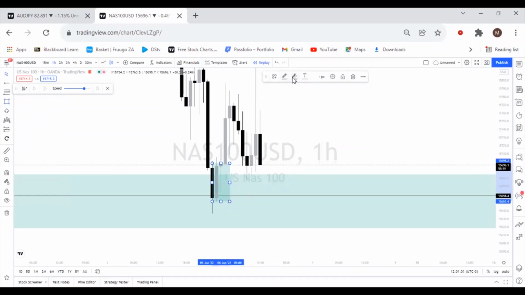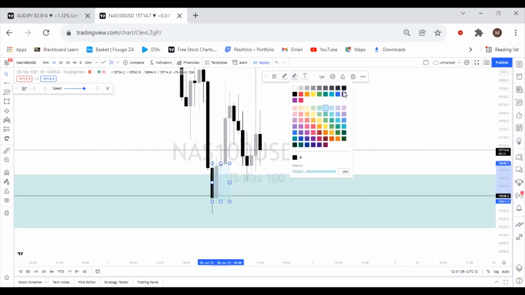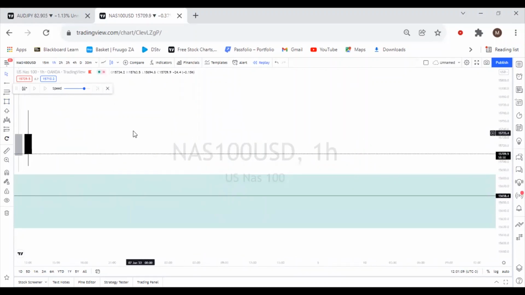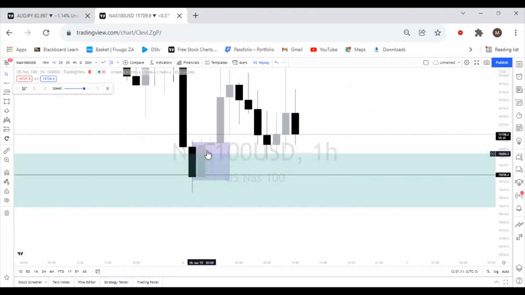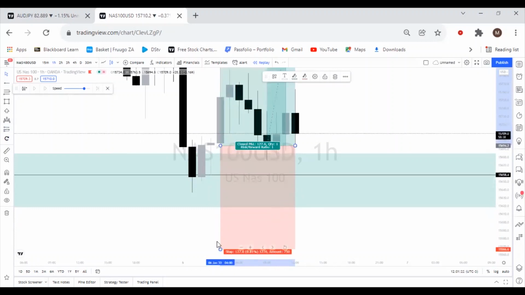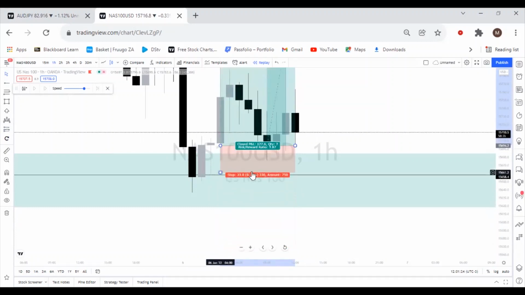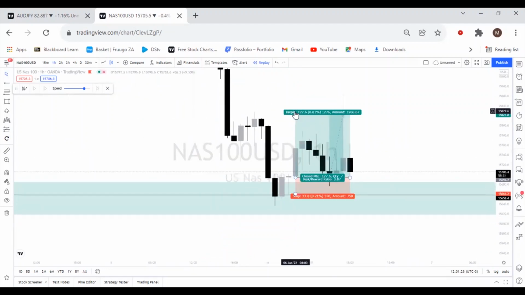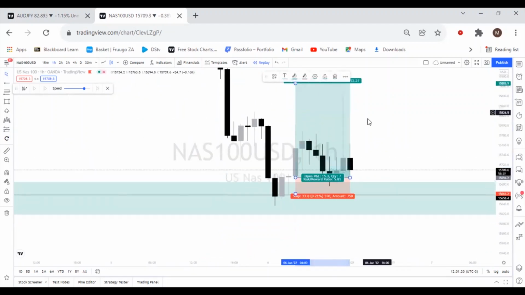These two alone. Let me just change the color of this, so just these two candlesticks right here, 1, 2, the first one and the second one, so we could have bought right here, which means even right now Nasdaq would still be nearly at break even, because it hasn't moved that much.